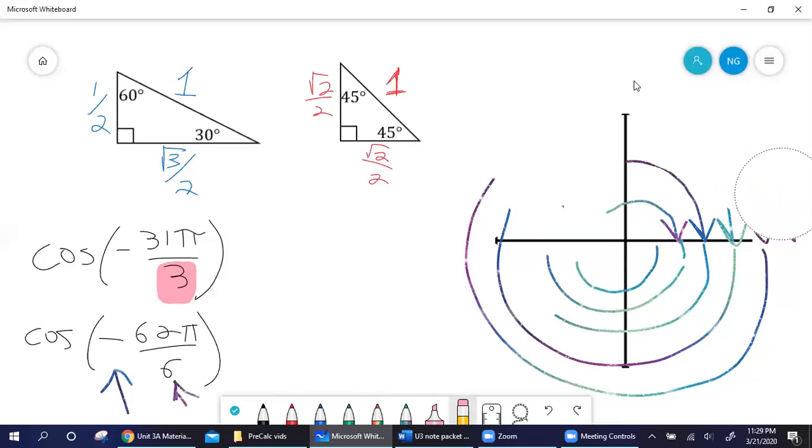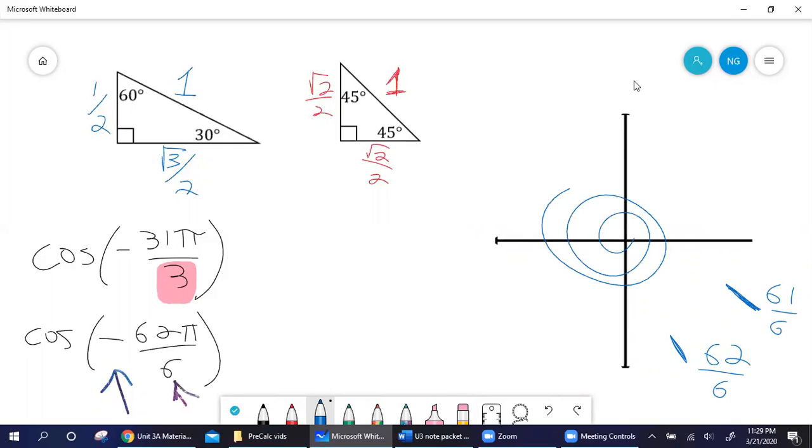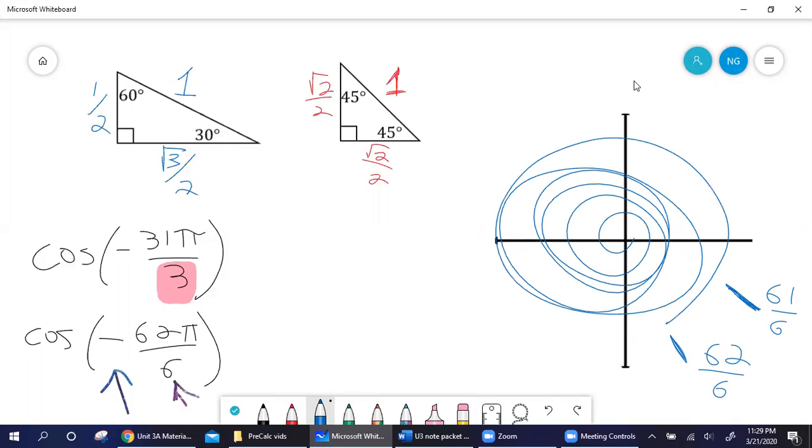Keep in mind that that was 60 over 6, though. So that means the next 30-degree increment would be 61 over 6. The next one would be 62 over 6. So again, basically this spinner spun around a whole bunch of times, I think 5 times, and then landed there. 62 pi over 6, negative.